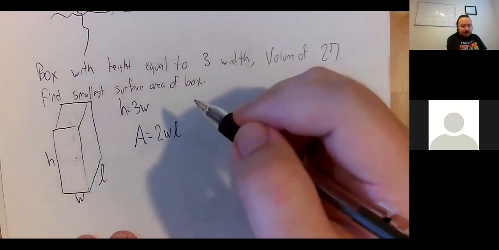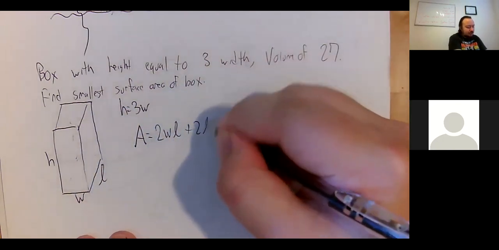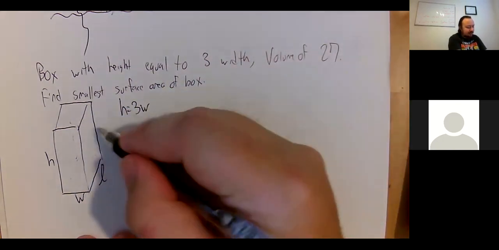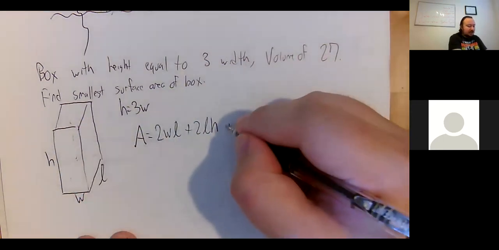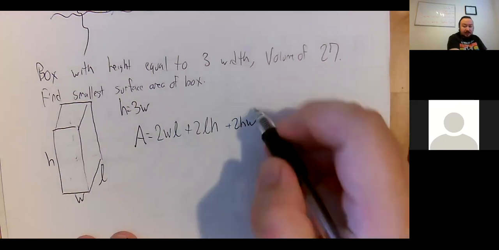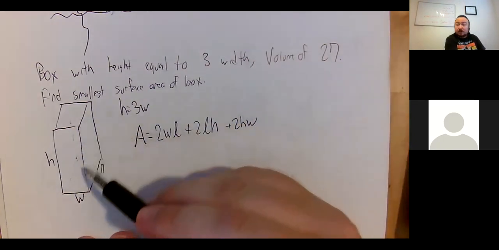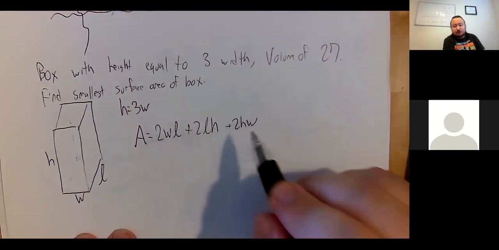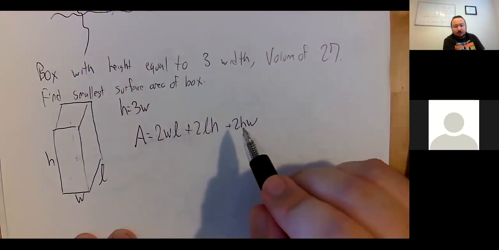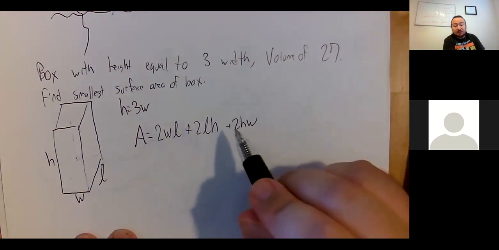We're going to have 2 length times height, so that will be the left and right sides. And then we're going to have 2 height times the width, so that'll be the front and back of this object. So this is the thing that we're trying to find the minimum of.